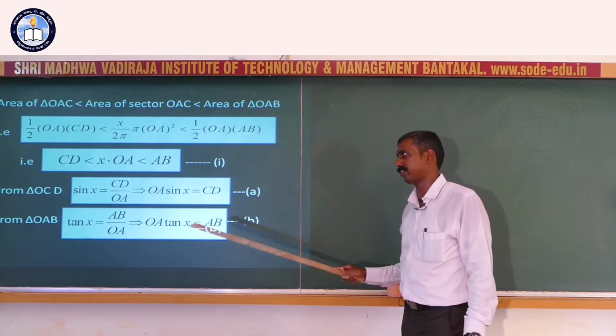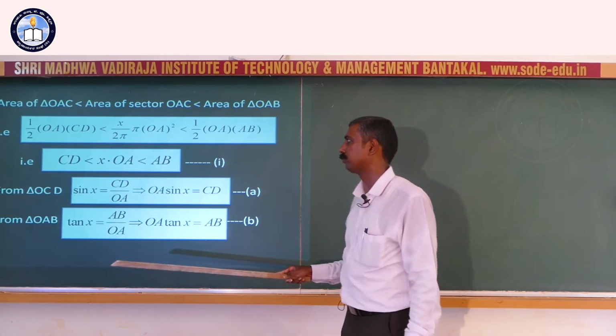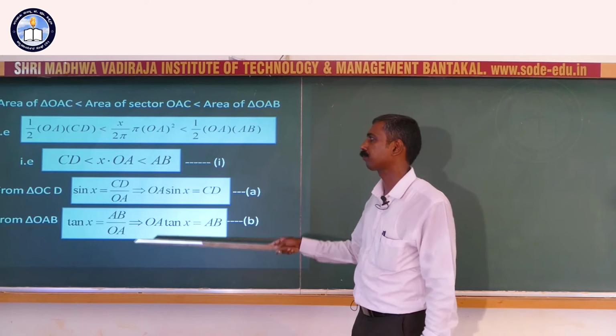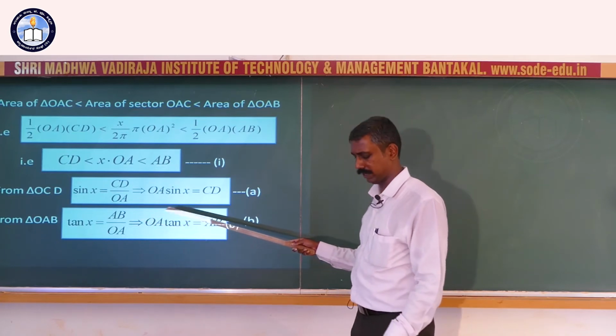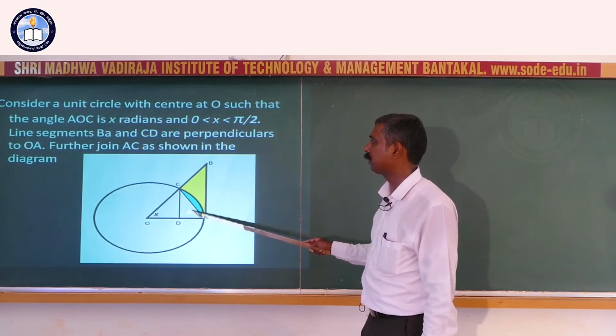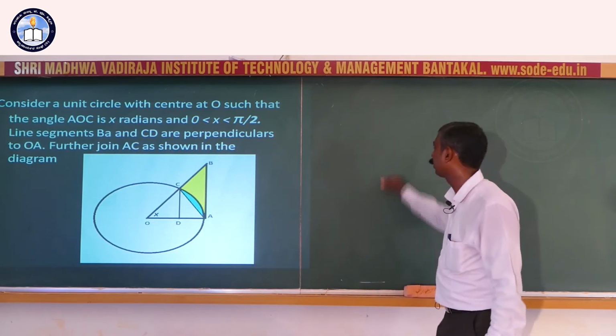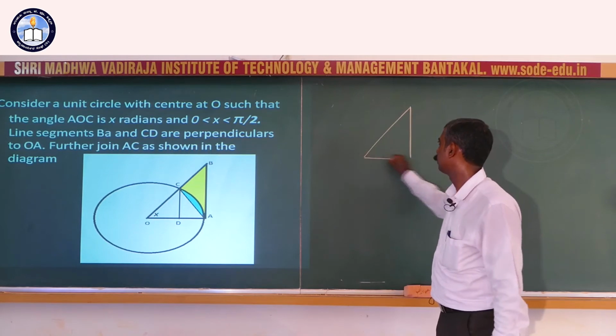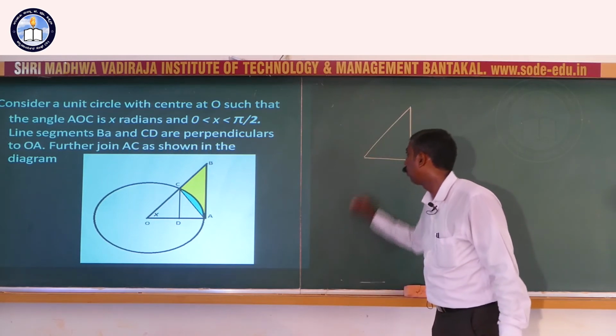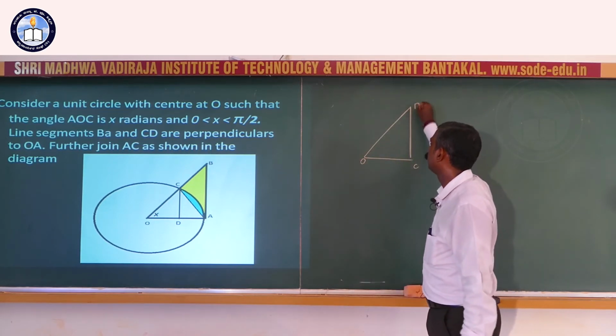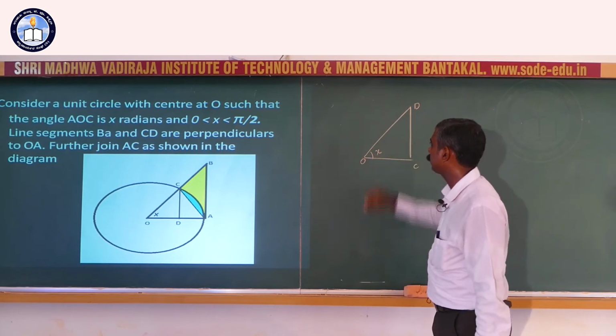Now, we have different scenarios. Scenario number 1. Let us go for triangle OCD. When you consider triangle OCD, this angle is x.